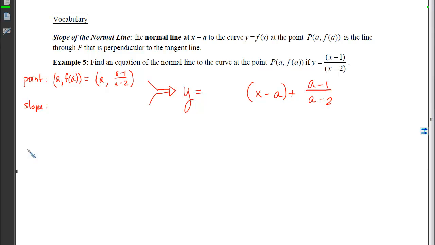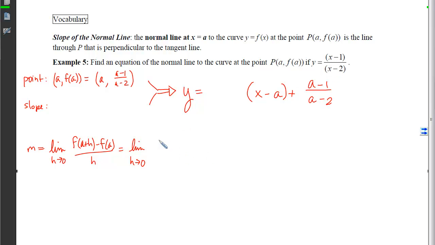So let's find the tangent slope first using our definition. Remember that definition is the limit as h approaches 0 of f of a plus h minus f of a over h. So I'm going to plug in a plus h into my function. If I plug in a plus h, I will replace these x's with a plus h's.